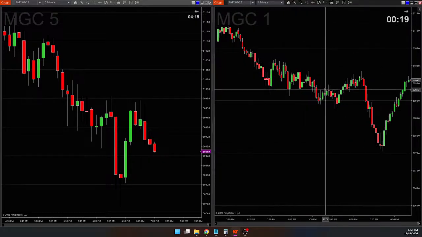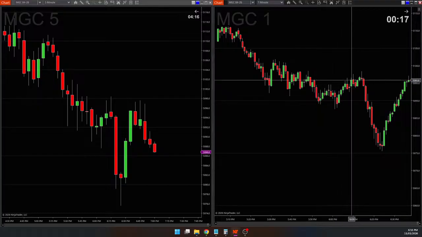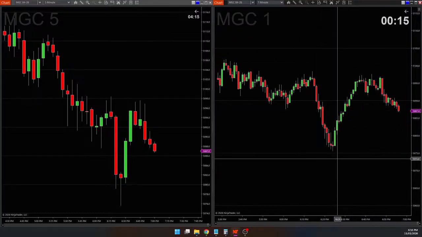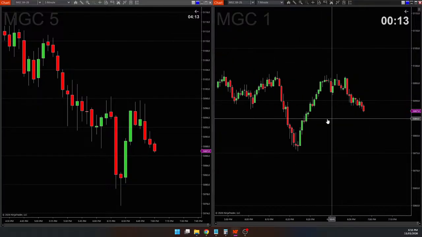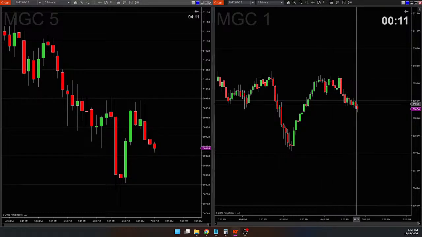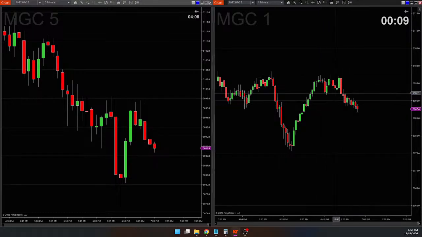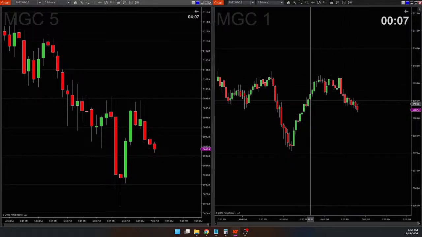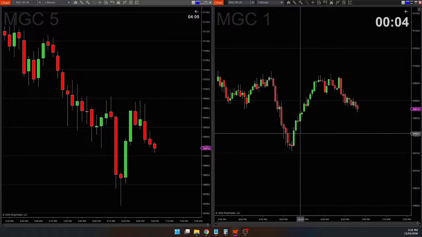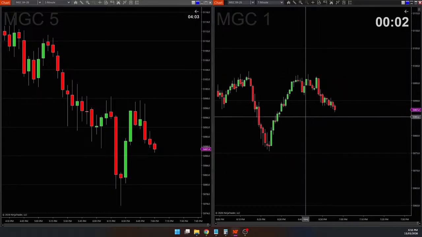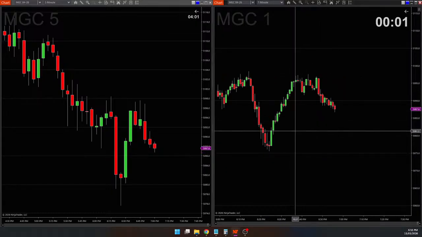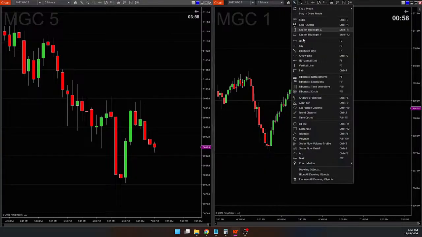Looks like it was downtrend, pullback, down, reversal, and now that looks like a pullback to that. So I'm going to wait for that retracement.